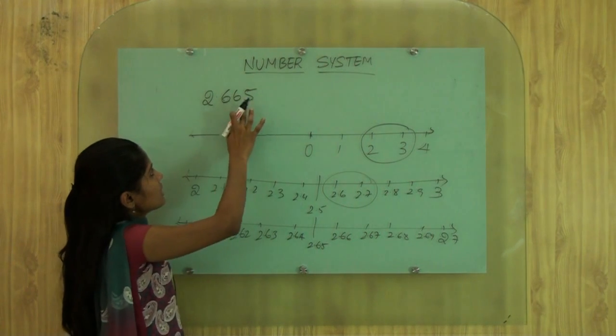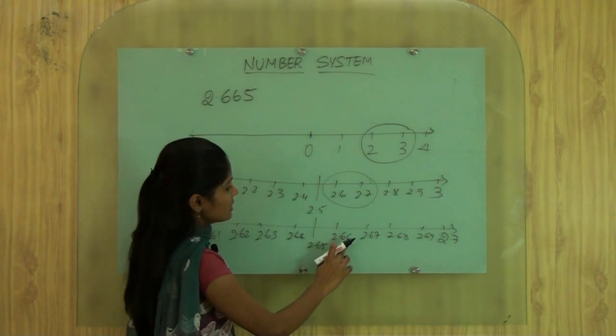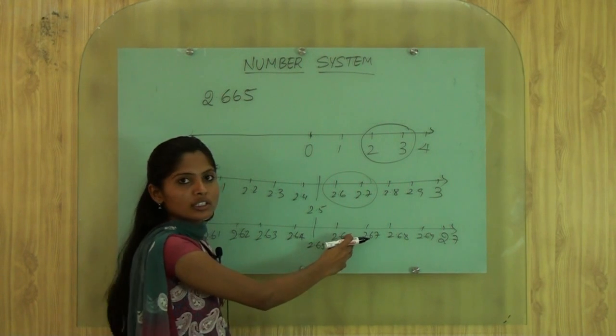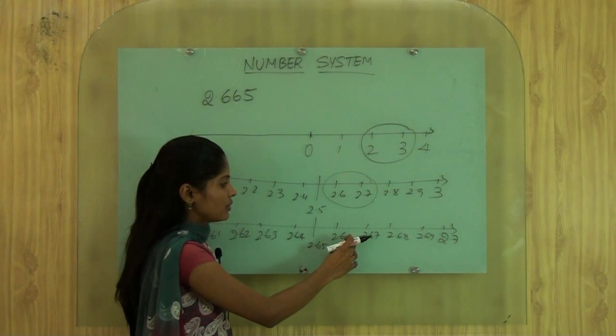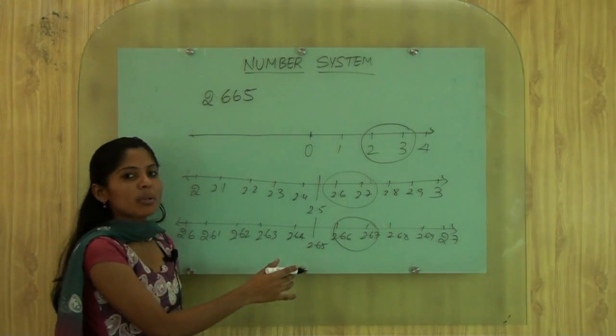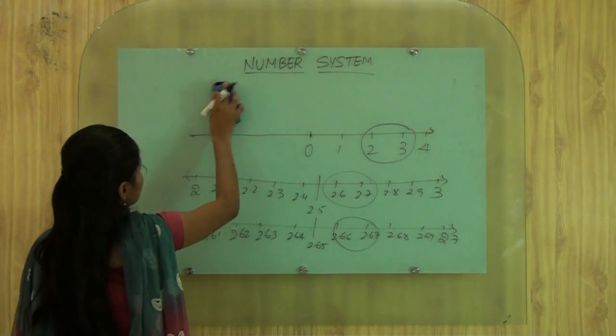Now we need 2.665. Here we got 2.66, then we want 5 more, that is 2.665. So it lies between 2.66 and 2.67. Magnify this part again. Let's write it down here.